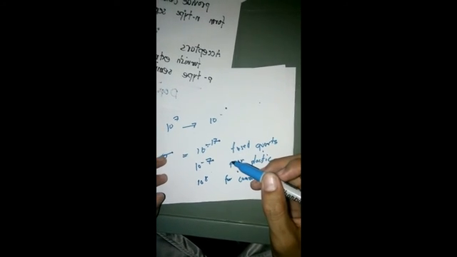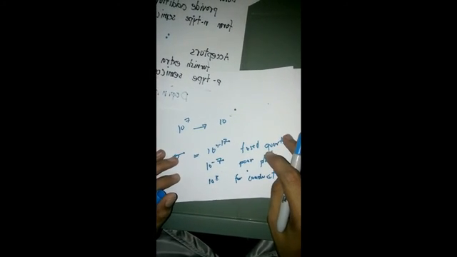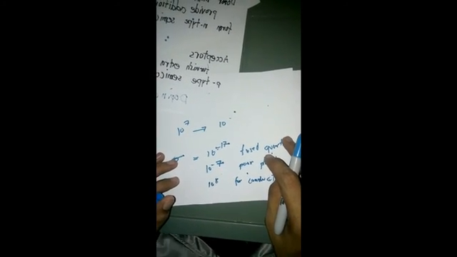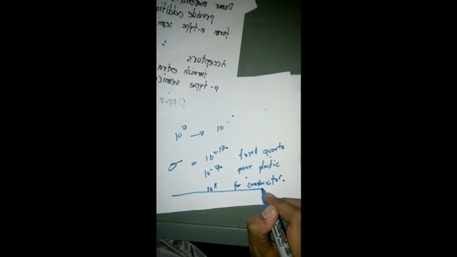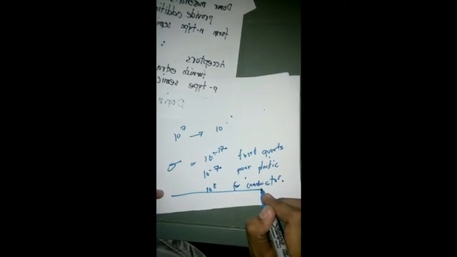Roughly unity for semiconductors and almost 10 raised to 8 for metallic conductors at room temperature. These values cover the remarkably large range of some 25 orders of magnitude.